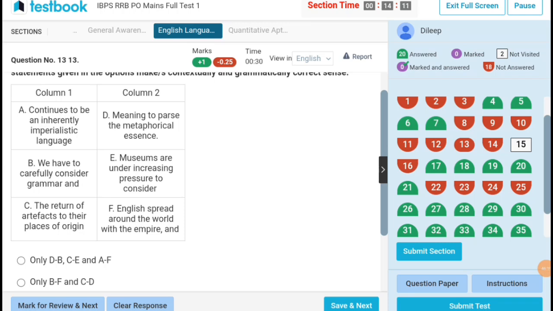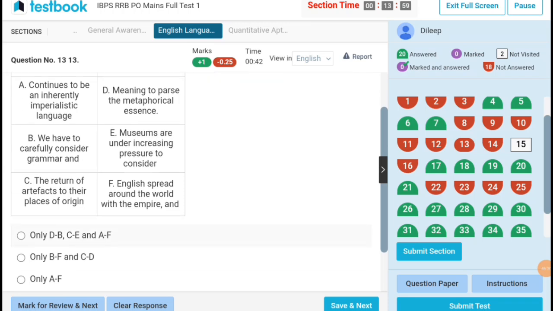Continues to be an inherently language. We have to carefully construct grammar and English spread around the world with empire.